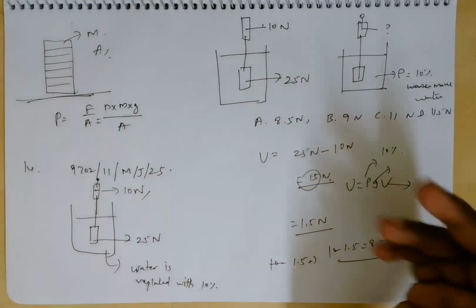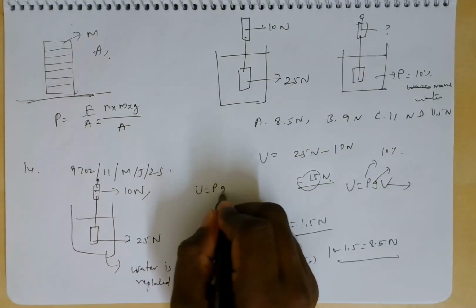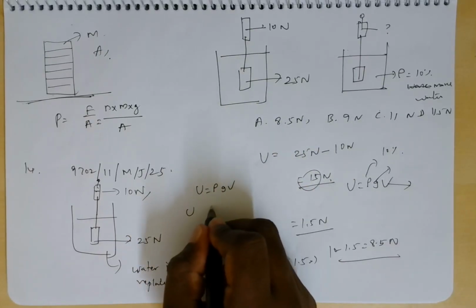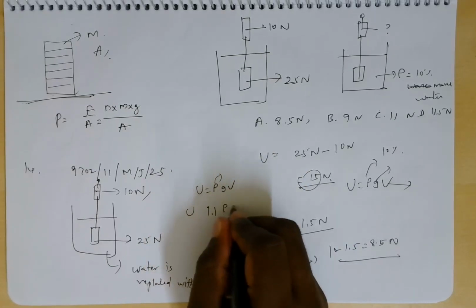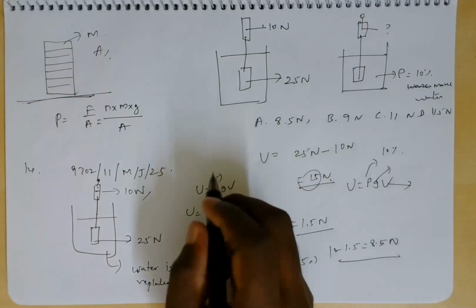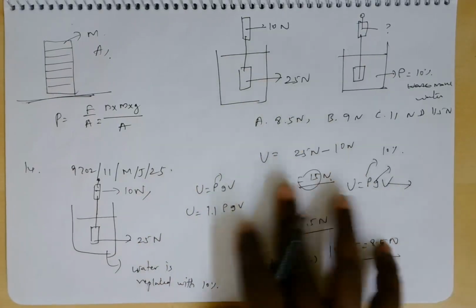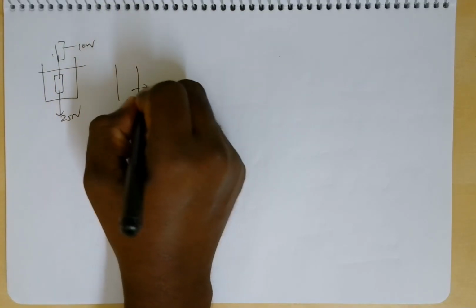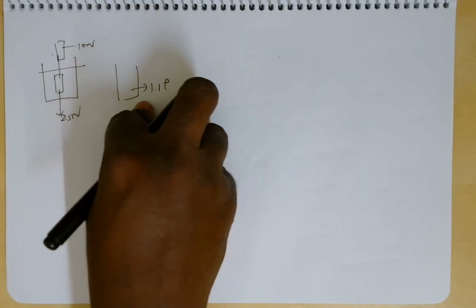Yeah, no problem, sir. But how do we solve those? Upthrust is rho g V. Now, the second liquid has an upthrust of 10% more, so it will be 110% or 1.1 rho g V. The weight is 25 Newton, and initially the reading shows 10 Newton.